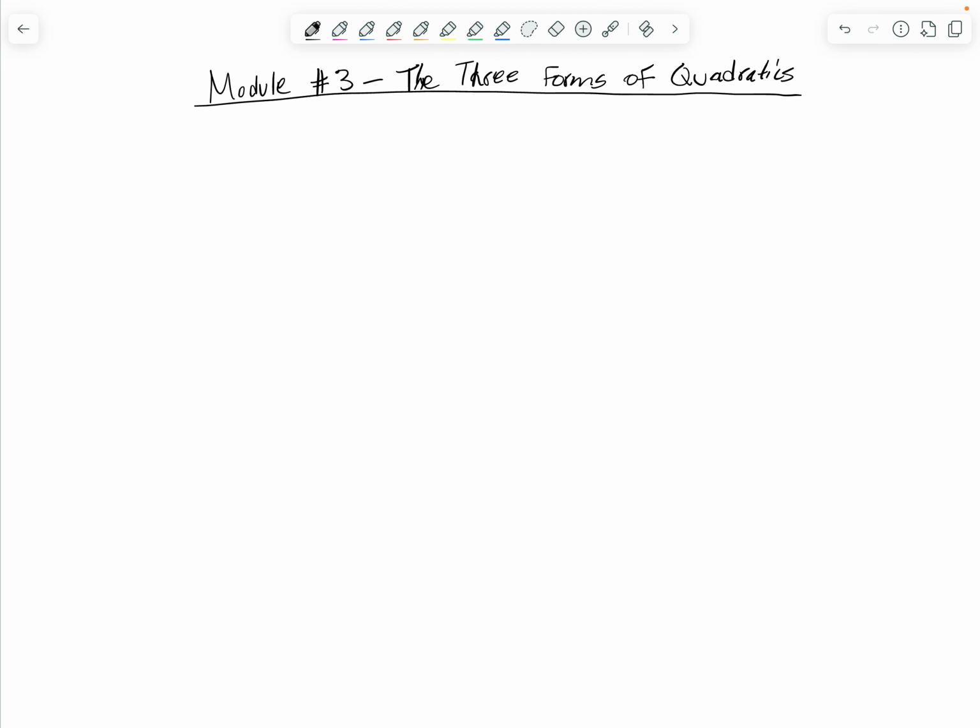A question like this, and I'll write out the question here. So the question reads, I just came up with a question here: identify the characteristics of the following equations.